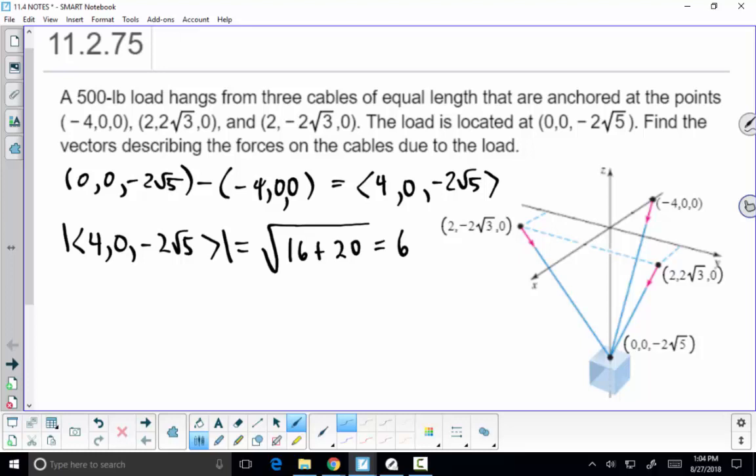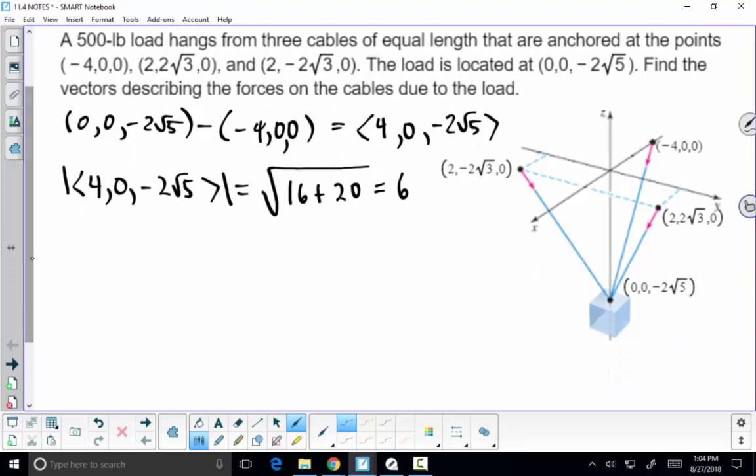So that's kind of what they're implying that little red vector is. It's a unit vector that points down towards the anchor. So that unit vector, I'm just going to call it U1, is going to be the displacement vector divided by 6. So that will give us 2/3, that will give us 0, and that will give us minus the square root of 5 over 3. So that's the first one.